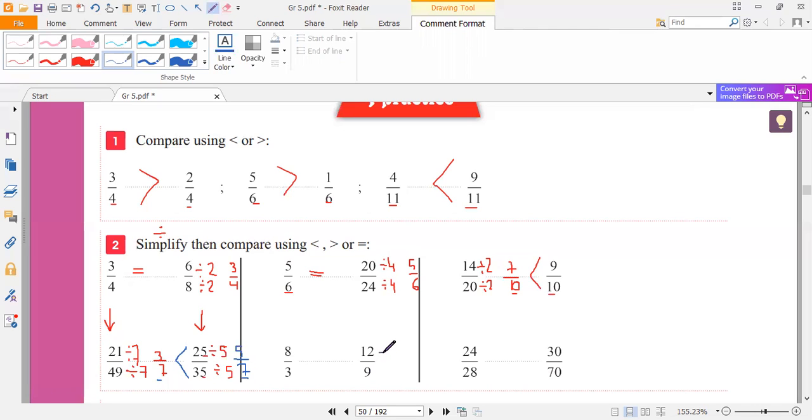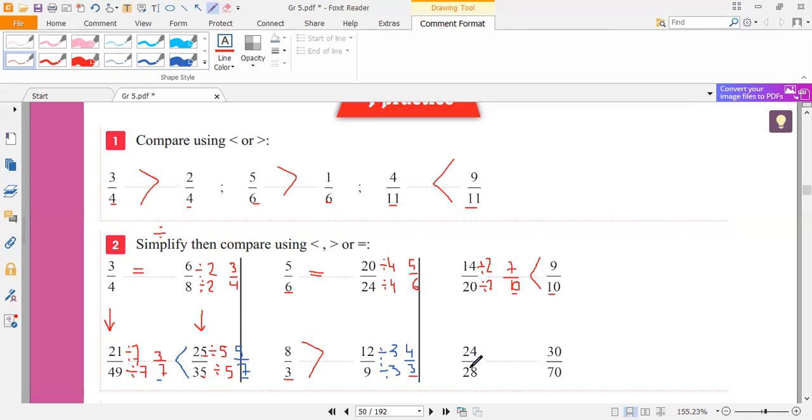So I'm going to divide it by 3, and here by 3. Now 12 divided by 3 is 4 and 9 divided by 3 is 3. Now look at this. Same denominator, the greater one is the greater numerator. So 8 thirds is greater than 4 thirds.